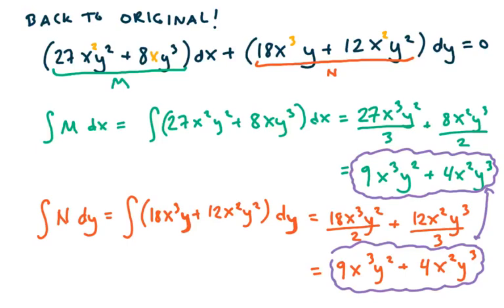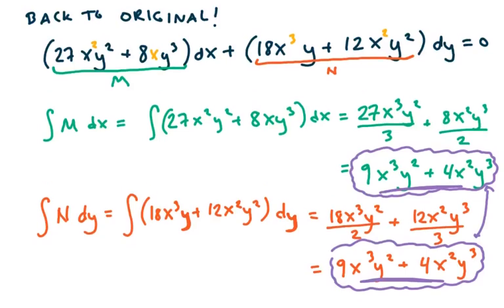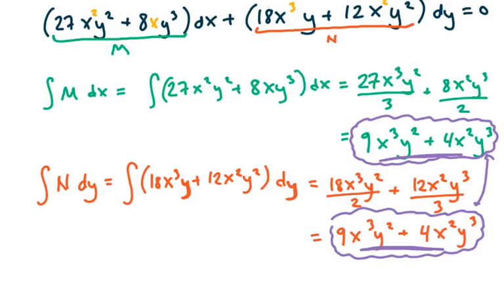I think they look identical, right? So that means that there is no additional function of y on this first piece, and there's no additional function of x on the second piece. So when we state our solution, it's stated implicitly. So to leave our final solution, I'm going to set what we just found through integration equal to some constant c.